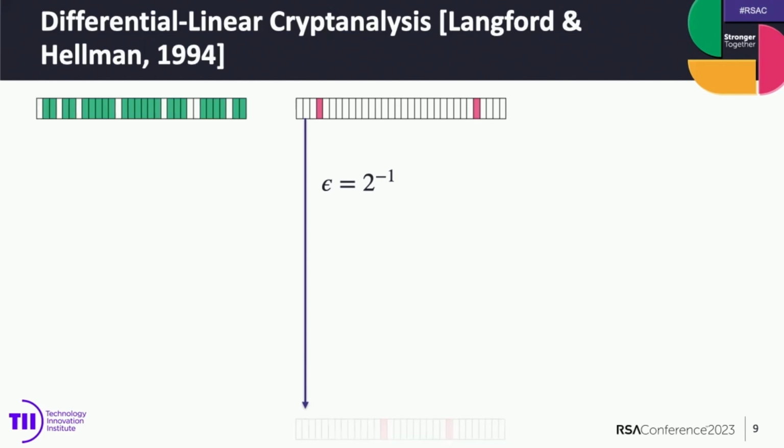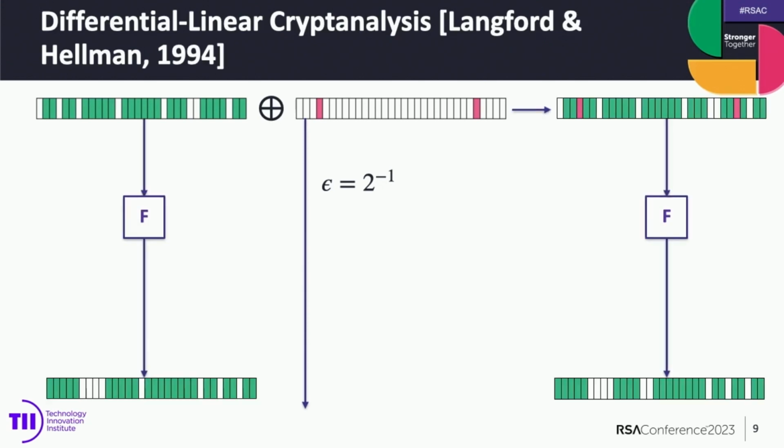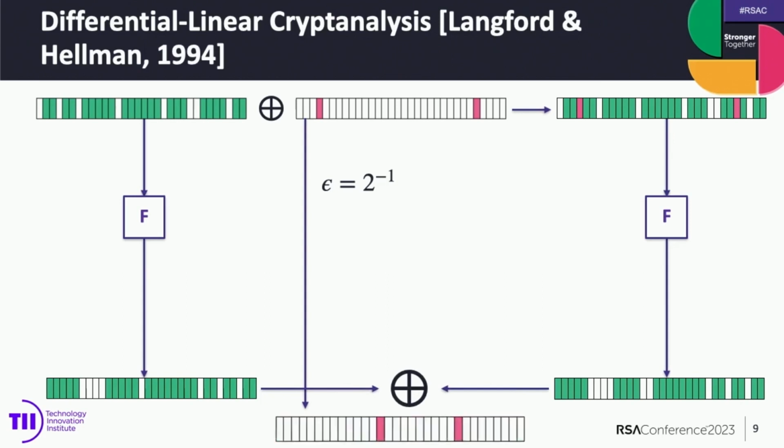And to check if a certain cipher has this property, what we need to do? We need to generate a random state, XOR it with the input difference, and after that apply the function f. After that we need to XOR the results, and once we XOR the results, we need to apply the output mask.